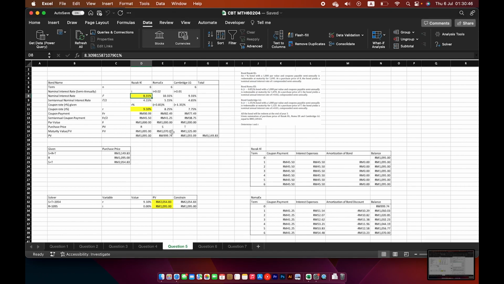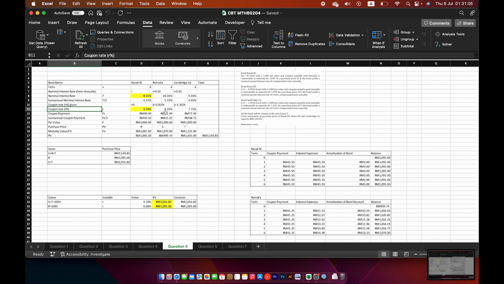Okay, for this question, the Solver solved. The nominal interest rate compounded semi-annually is 8.31%, and the coupon rate is 9.1% for Razak KL.